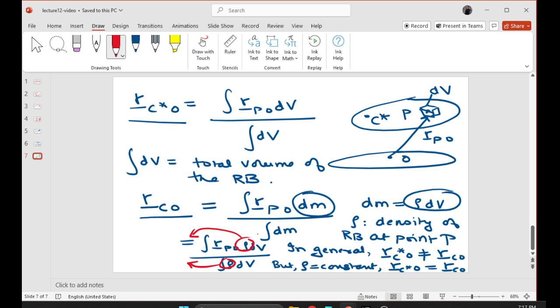Density will cancel out and you will be left with an integral of rpo dV in the numerator, which is exactly what we have in the numerator of the definition of RC star O, and in the denominator of RCO we will be left with the integral of dV, which is the same quantity we have in the denominator of RC star O. Thus C star and C will coincide. The centroid of the RB will coincide with the center of mass of the RB.